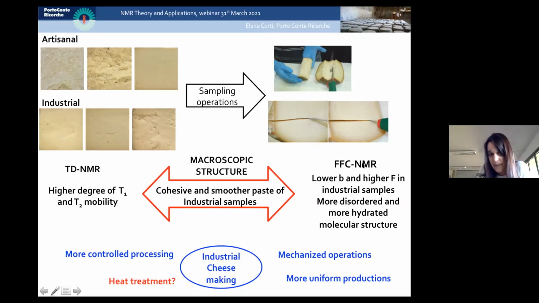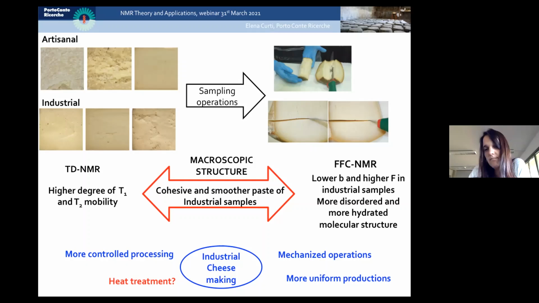Our conclusion was that the industrial samples showed these features, so in summary, we can say that they had a more hydrated molecular structure.